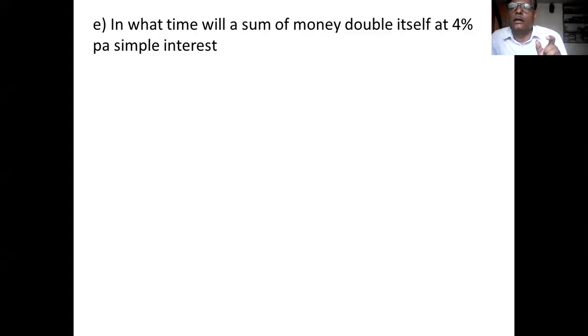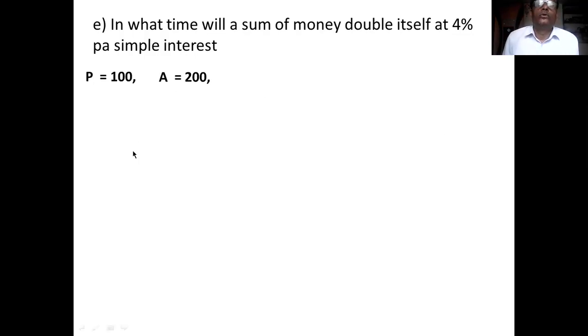The double returns is nothing but your principal plus interest. Am I right? So suppose 100 is your principal. If you deposit 100, double means the amount is rupees 200.